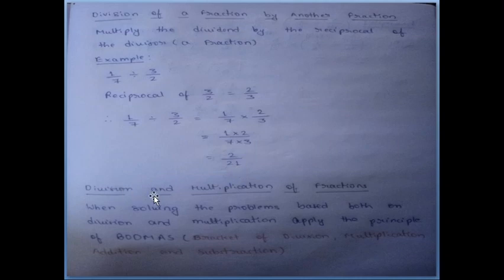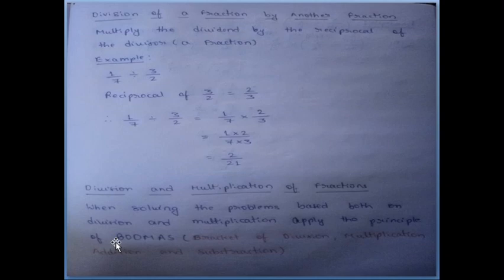Then division and multiplication of a fraction. So now we will see how the division and multiplication can be performed together. When solving a problem based on both division and multiplication, apply the principle of BODMAS.